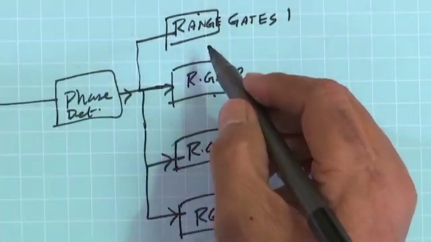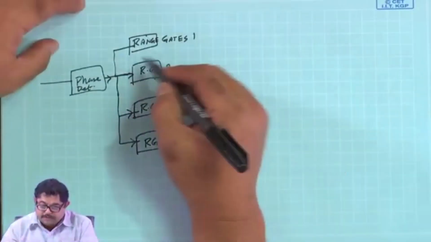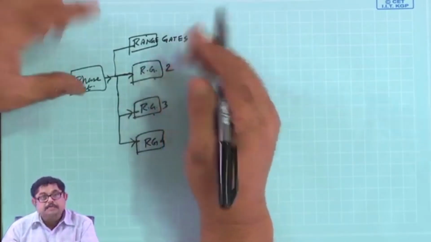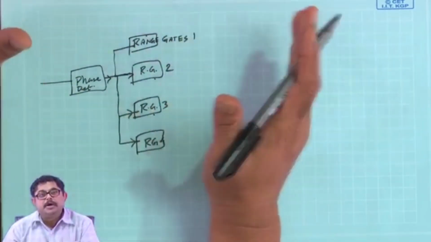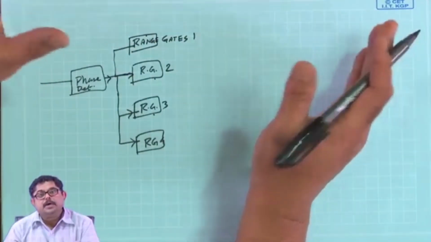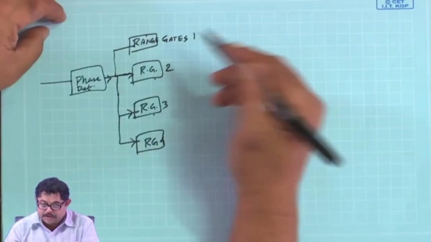The only difficulty that we are getting is that during 100 to 200 kilometer I am not able to resolve. So, everything within 100 to 200 kilometer will be called 100 kilometer or 200 kilometer.